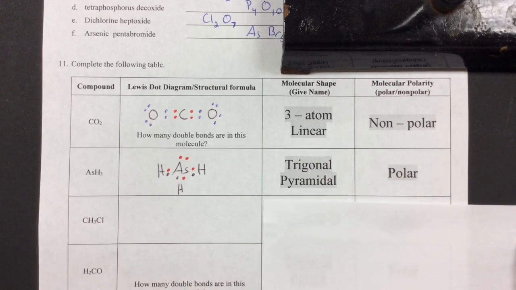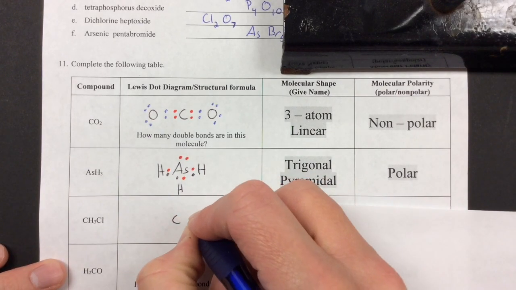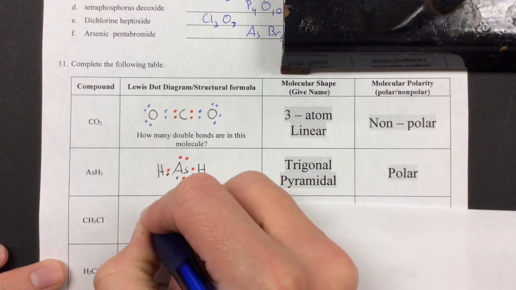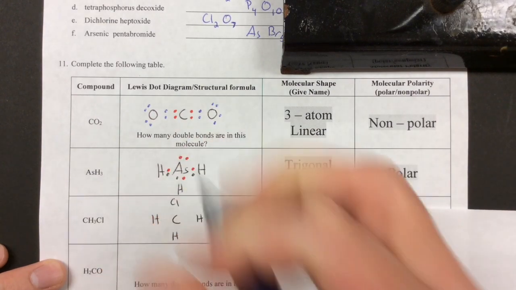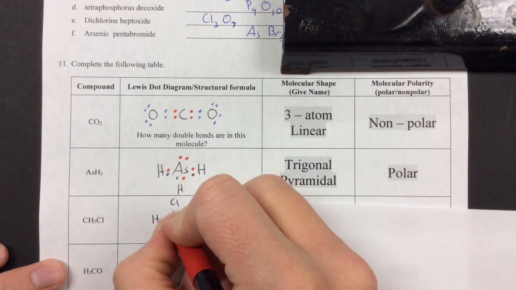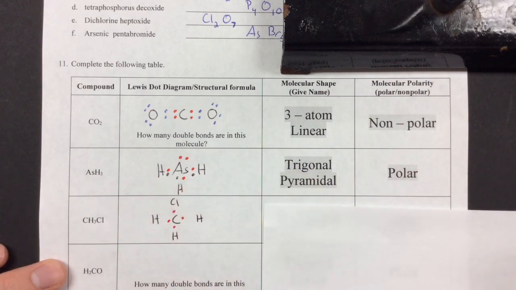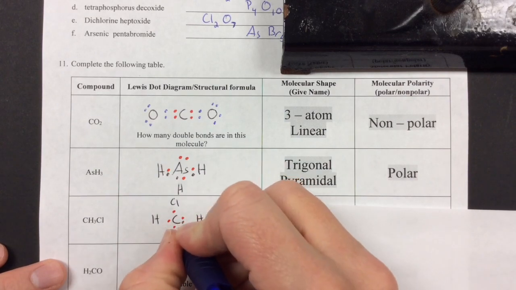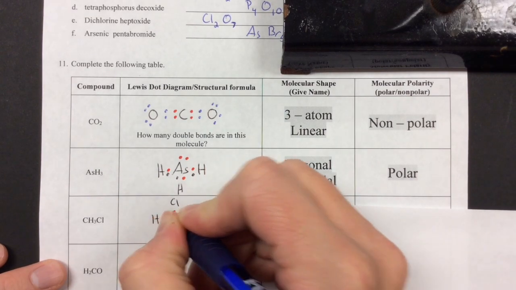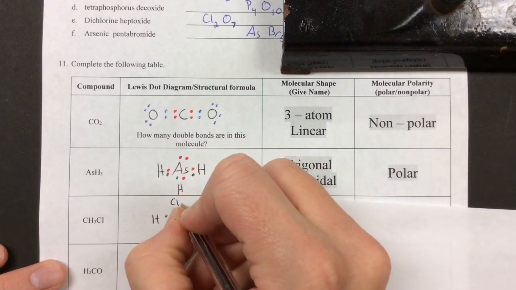Excuse me, we have the carbon with 3 hydrogens and 1 chlorine. So the carbon would start off with 4 valence electrons, and each hydrogen would each have 1. And then the chlorine would have 7.